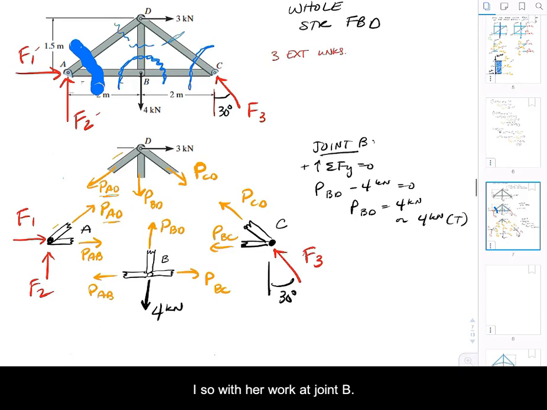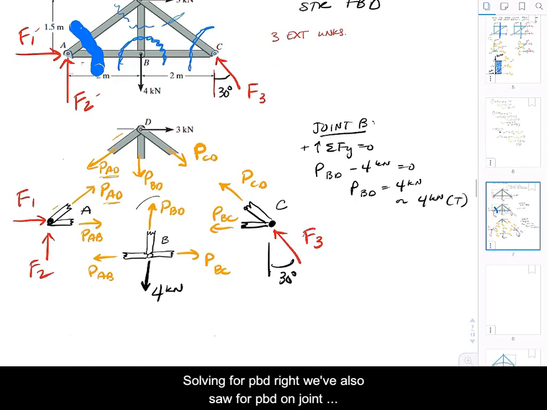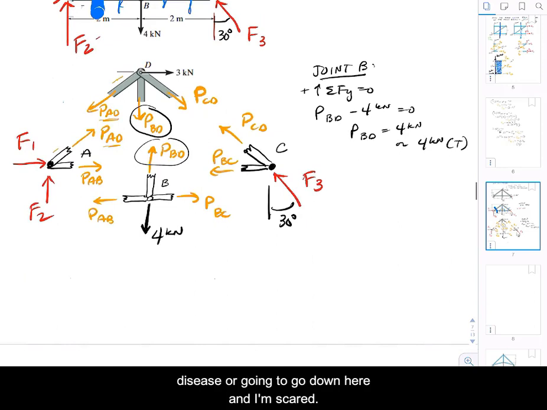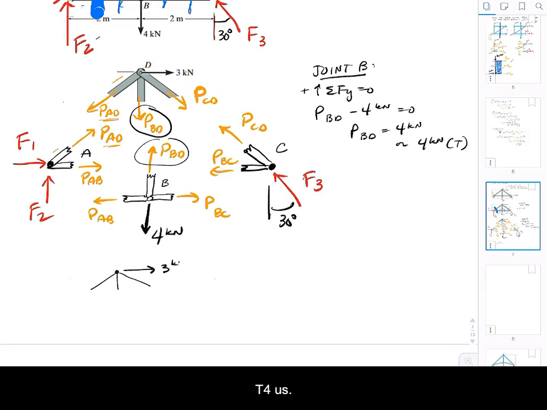All right, so with our work at joint B, solving for PBD, we've also solved for PBD on joint D, so I'm going to go down here and I'm just going to redraw joint D for us.